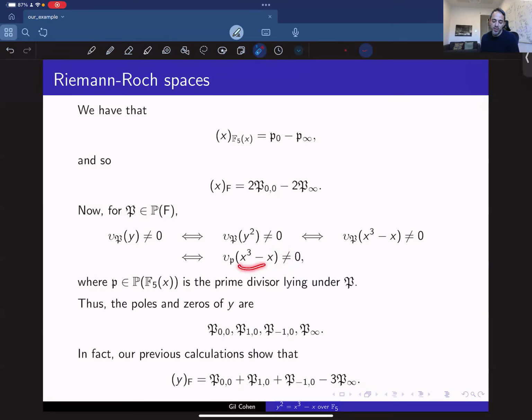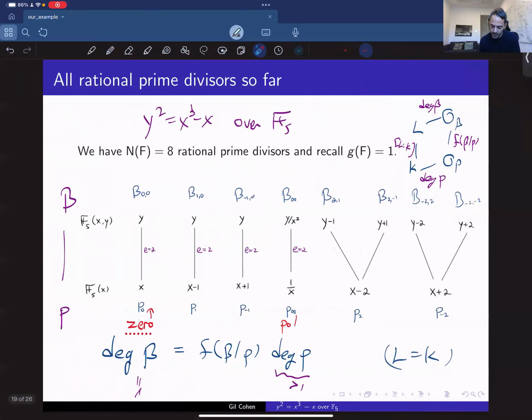And we know that x cubed minus x has zeros at p0, p1, p minus 1, and also p infinity, where it has a pole. And so the only possible prime divisors that can appear in the principal divisor of y are the places lying above these places. And if you remember the picture, we had just one above each. So it looks like that, and these are the only prime divisors that can appear in the principal divisor of y.